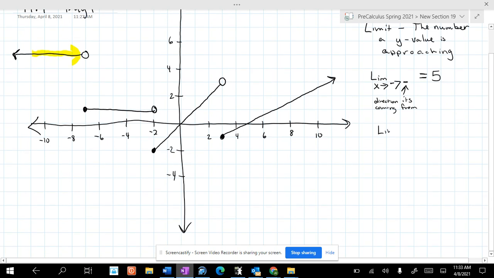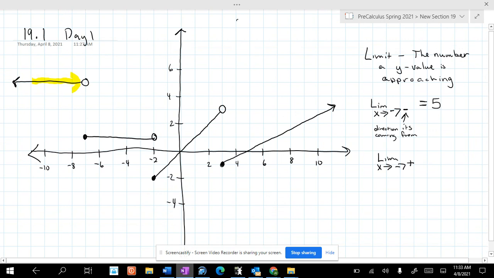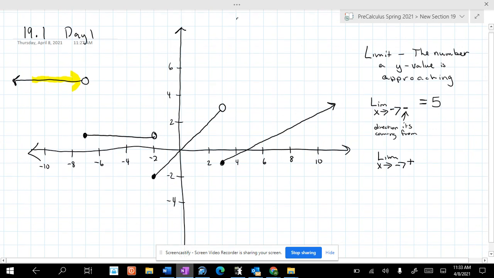Let's look at the limit as x approaches -7 from the right. Direction it's coming from is that last one.